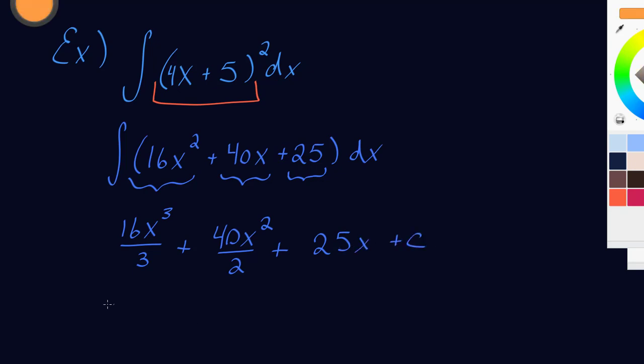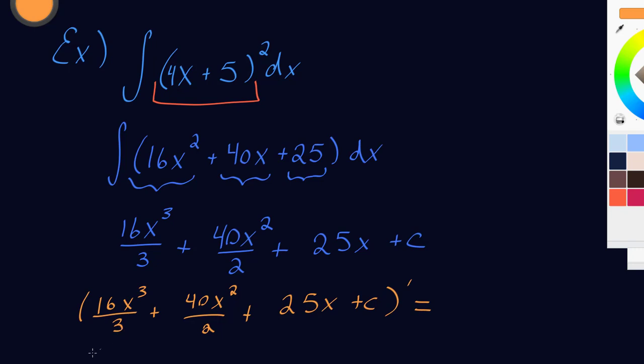Now, just like last time, let's check our work by taking the derivative of this. So we're going to have 16x to the third divided by 3 plus 40x squared divided by 2 plus 25x plus c, and let's find the derivative. So let's see, that's going to be 16 thirds times 3x squared plus, that's going to be 40 divided by 2 times 2x plus 25 plus 0.